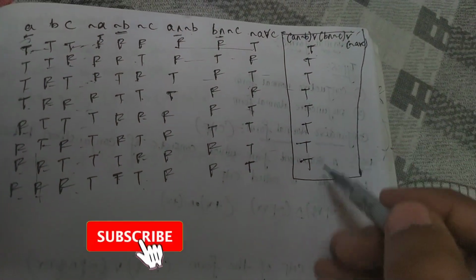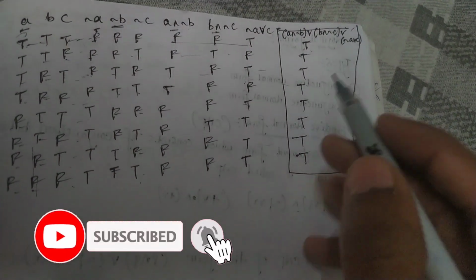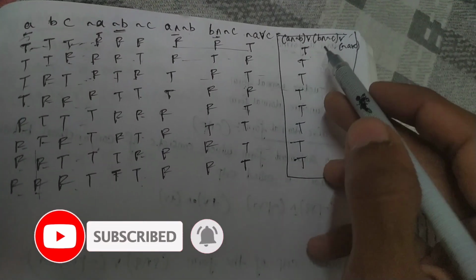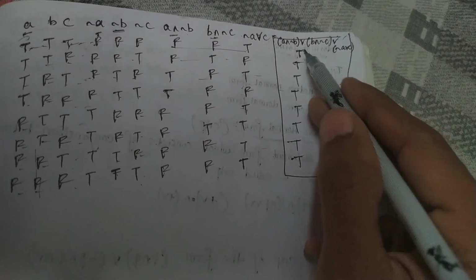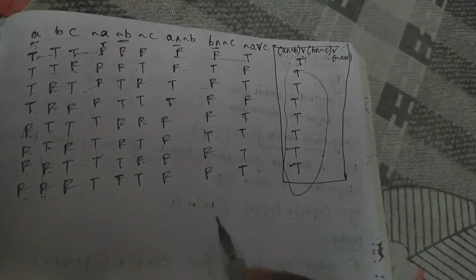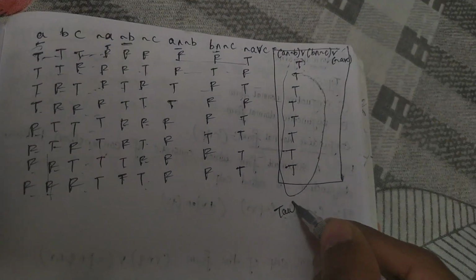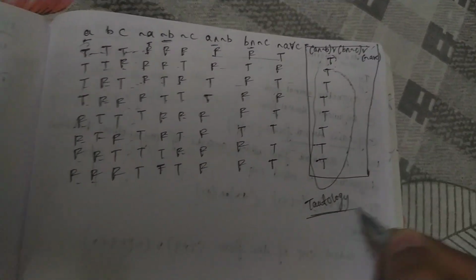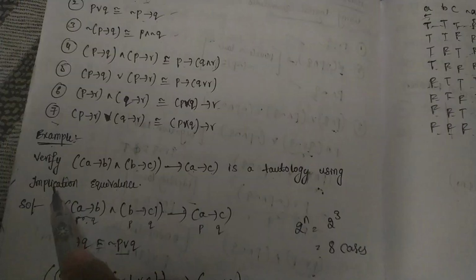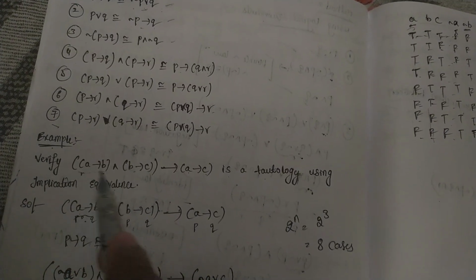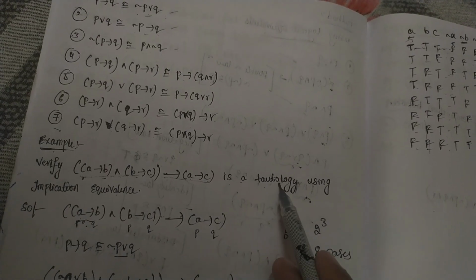Here all are true, which means if in a compound statement all the values in its truth table are true, then we know that it is a tautology. So in the given question he asked to verify that the given statement form is a tautology.